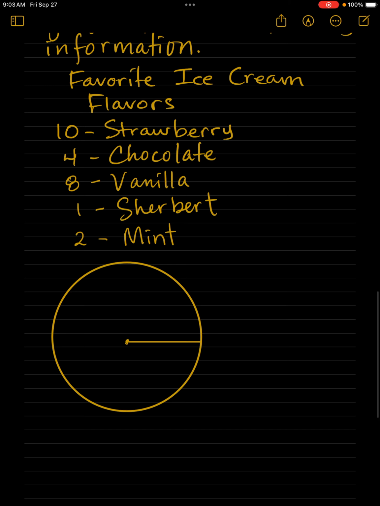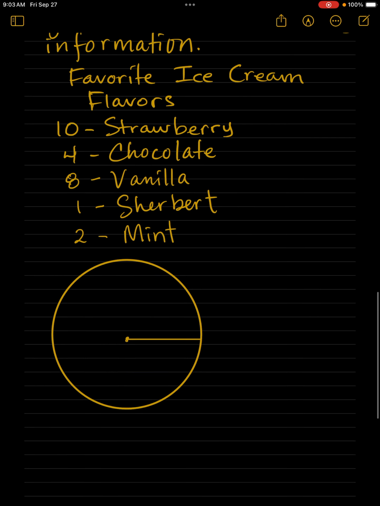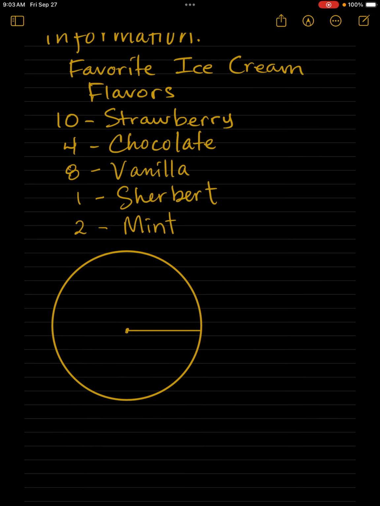The first thing, we already have our circle, and we already know how many are in each subgroup. Now we want to know the total for the group. So 10 plus 4 plus 8 plus 1 plus 2 gives us 25 when we add all these numbers together.